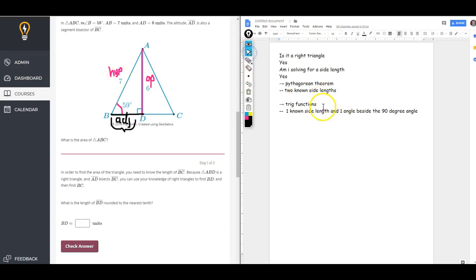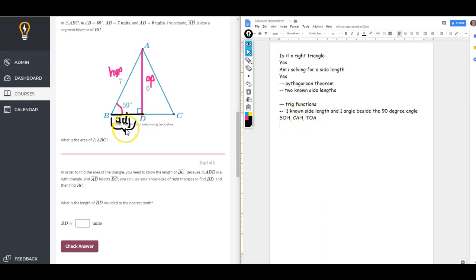We have the choice of either using the opposite side or the hypotenuse. With the trig functions, you have sine, cosine, or tangent, and I use SOHCAHTOA to help me remember that. So SOHCAHTOA, sine is opposite over hypotenuse. I'm not going to use that because I have the opposite and it doesn't help me find the adjacent side length. Cosine is the adjacent side length divided by the hypotenuse side length.